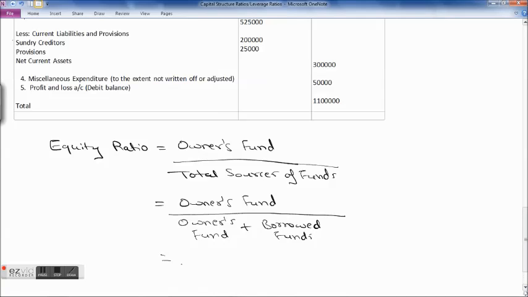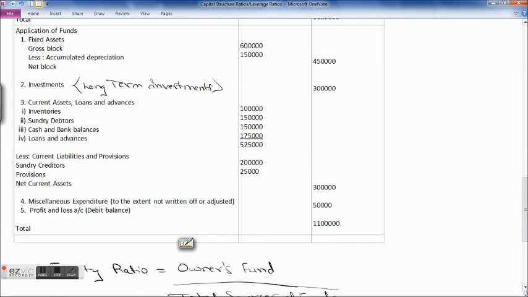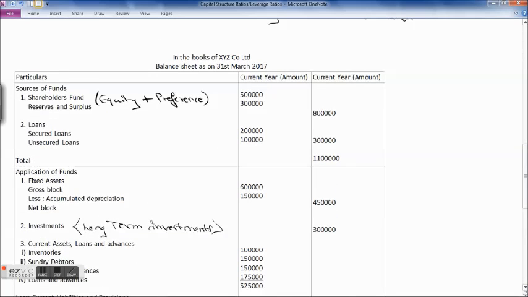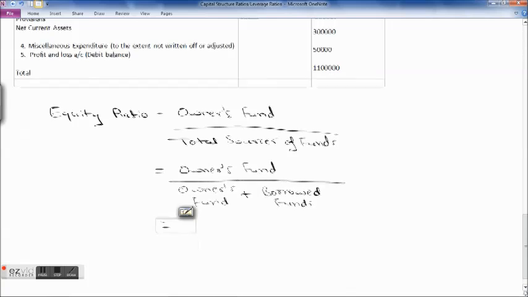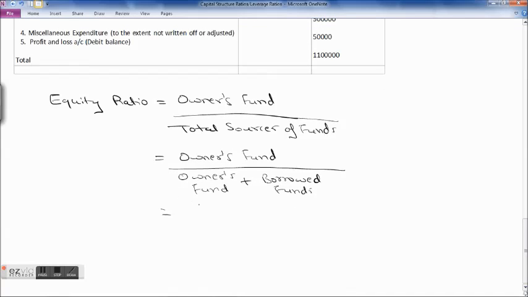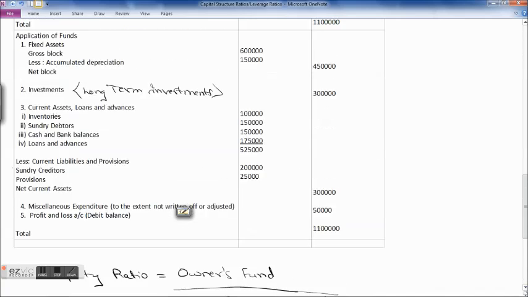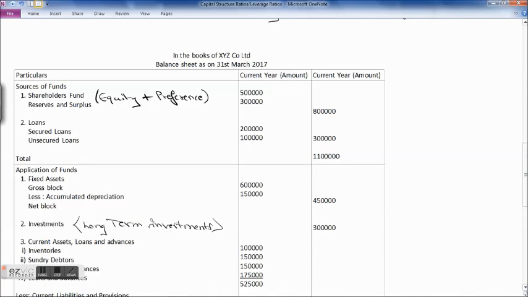Let's see in this case. What is the owner's fund? Owner's fund is shareholders' fund plus reserves and surplus, that is 5 lakh plus 3 lakh.